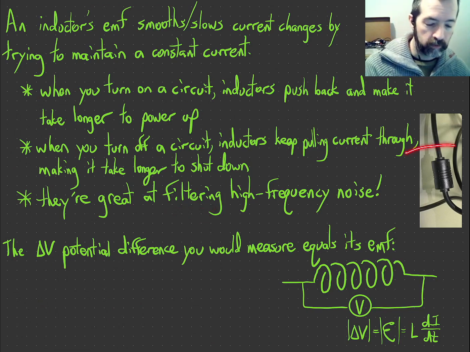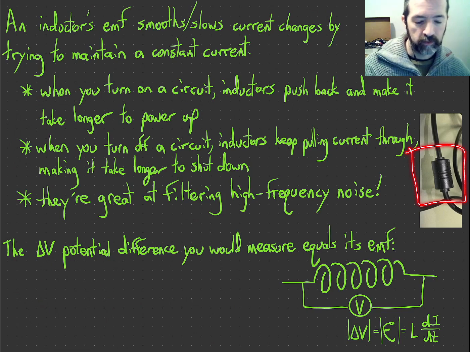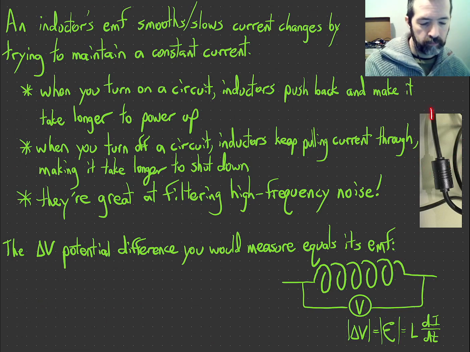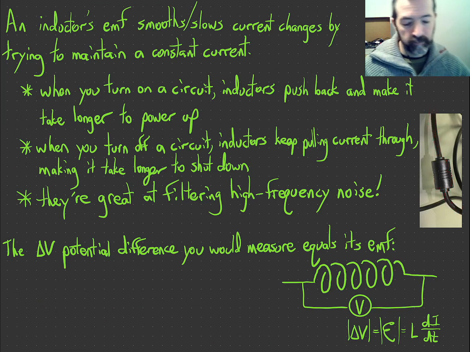You have probably noticed little thicker parts around a lot of cables that you deal with in your everyday life. And those thick little plugs, those cylinders, that is just a bunch of wire all wrapped around some sort of a core, and then it continues on afterwards. And the reason that it has that is to filter out these fluctuations that you don't necessarily want to get from one end of the wire to the other.